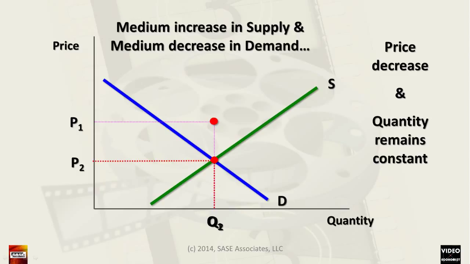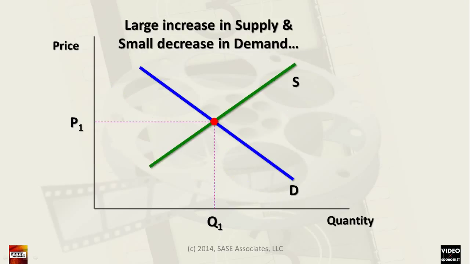However, the demand decrease and the supply increase pull and push the equilibrium price downward. The net result is no change in equilibrium quantity, though equilibrium price falls due to both the supply and demand shifts.